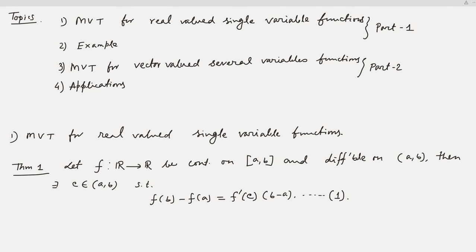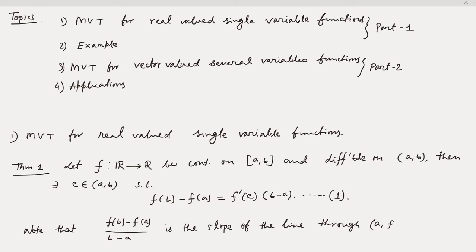So we note that the quantity (f(b) minus f(a)) over (b minus a) is the slope of the line through the points (a, f(a)) and (b, f(b)).